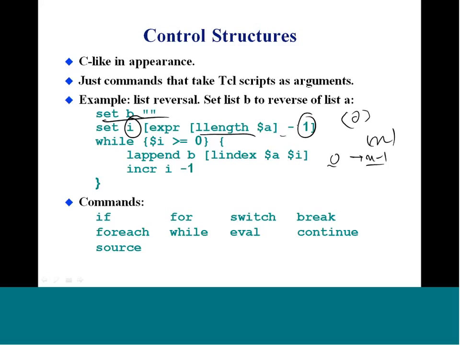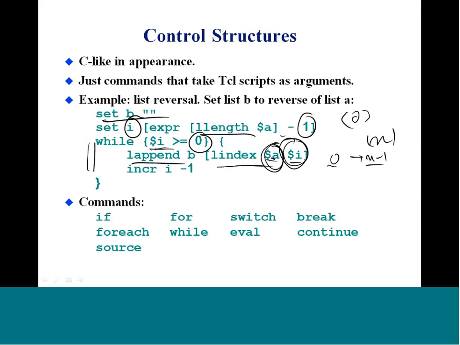Now we go through this while loop, which is one of the control structures, with $I greater than or equal to 0. As long as I is at least 0, do this, which is lappend B to lindex A $I. So lindex returns the list element at index I from the list $A.